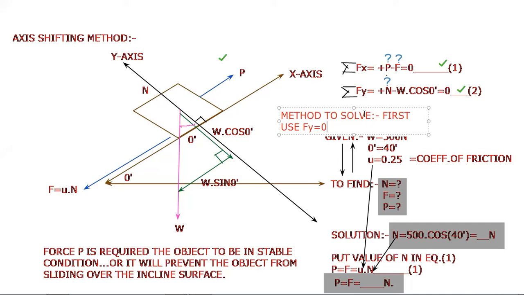You are able to get the value of normal reaction and put that value in the equation. Okay. After that, use summation of Fx is equal to 0. This is the method. Okay.